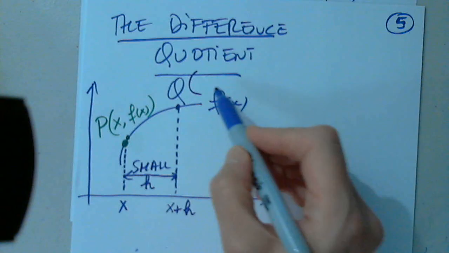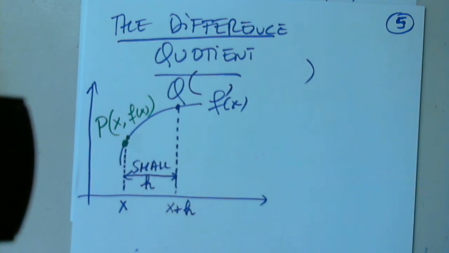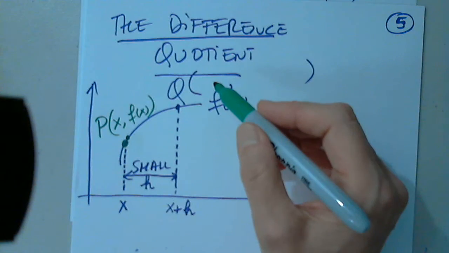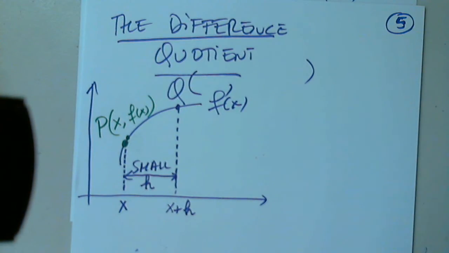Can anyone please give us the coordinates of Q now? It's not different from before, just the notation is slightly different.